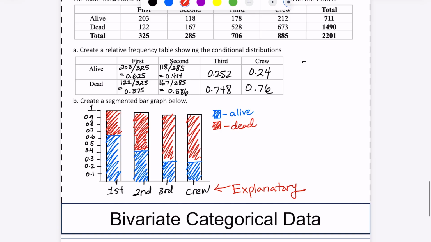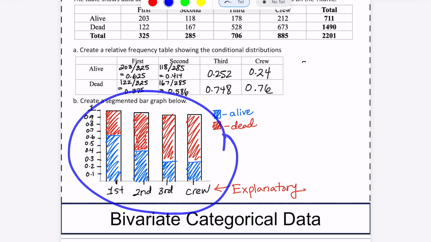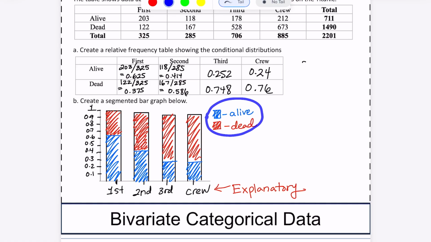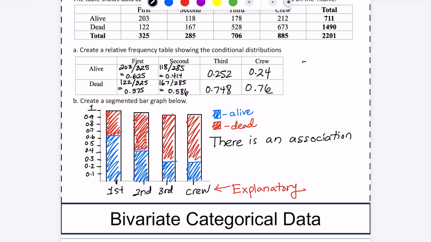And then the final thing I want to say about this is once you have a segmented bar chart, we want to know, is there an association between these variables? Is there an association between survival status and ticket class? And in this case, I would definitely say yes. There is an association between these variables.